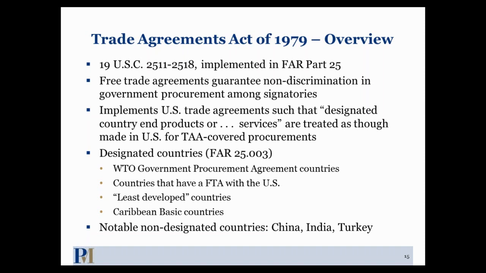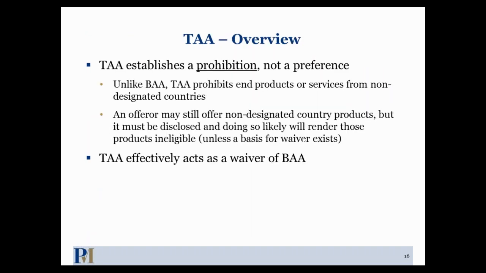Maybe the client would like to supply a product or get components of a product from China, and it is obviously not a domestic end product, and it doesn't fall under the TAA either.